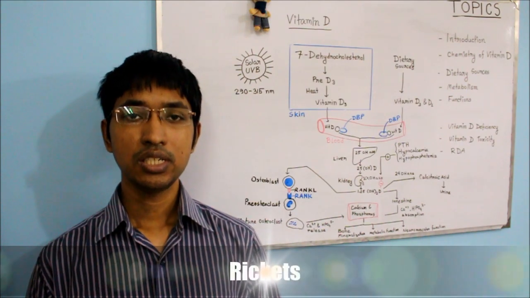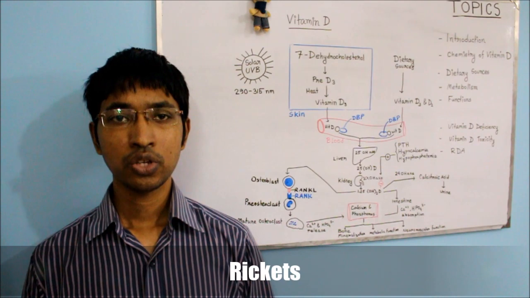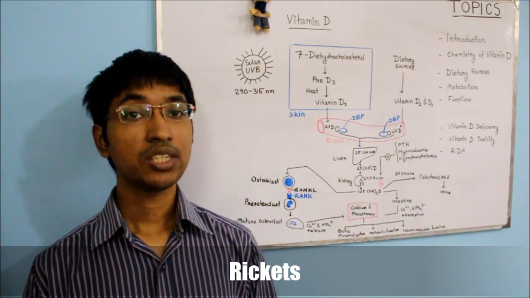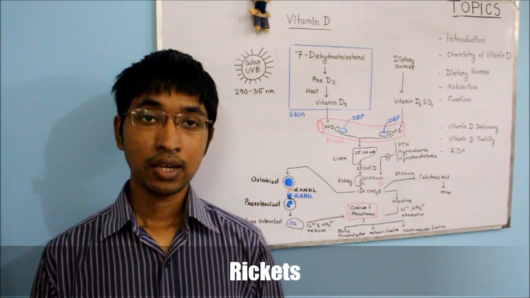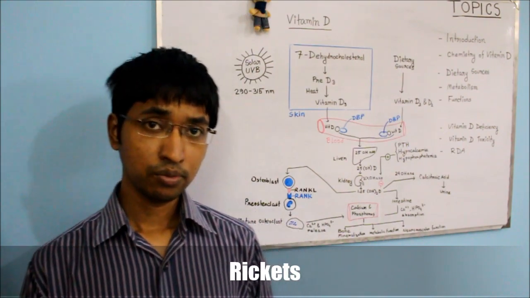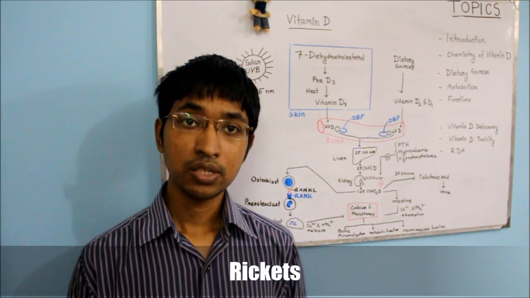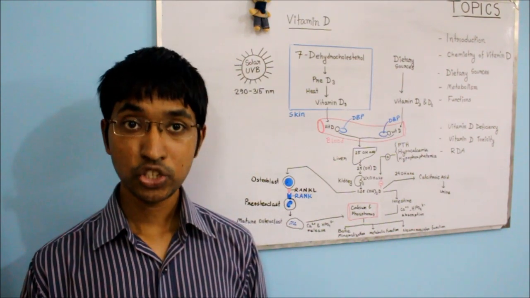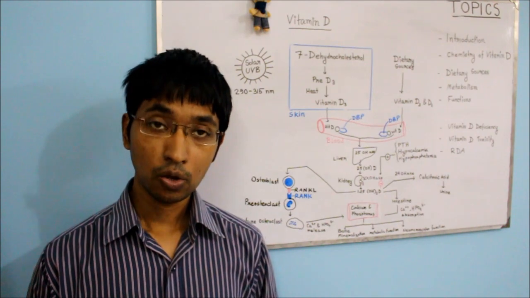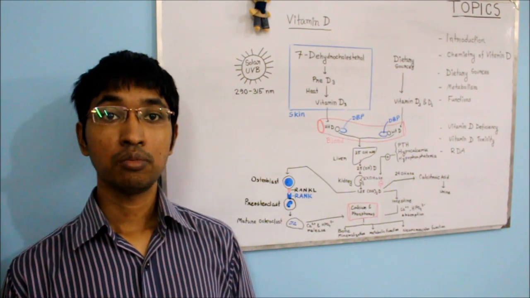So vitamin D deficiency will result in rickets in children whose epiphyses have not yet been closed. The skeletal changes that we will see here will vary according to the severity of this deficiency, the duration of this deficiency, and also on the stresses on individual bones.